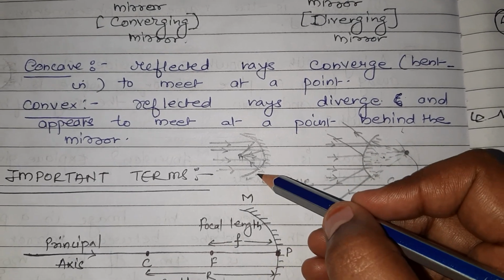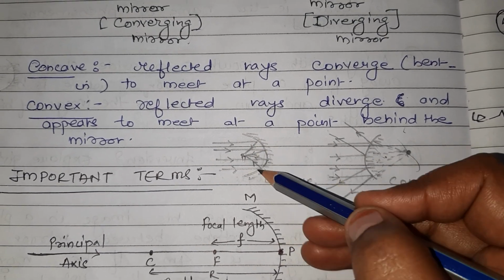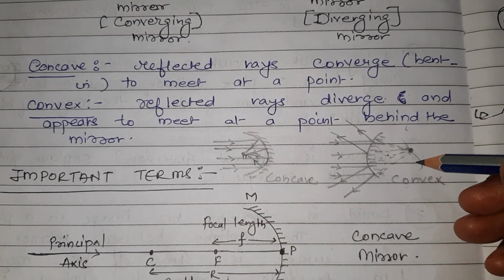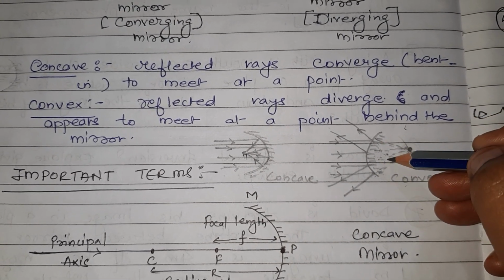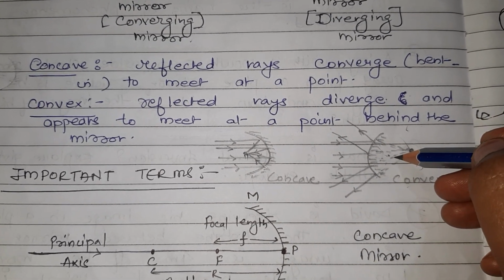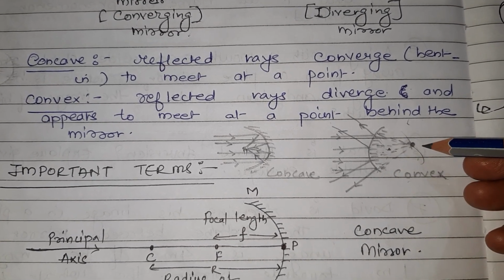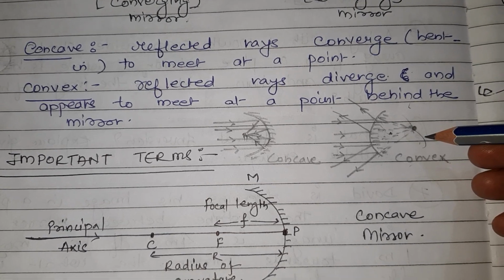When the reflected rays actually meet, we get a real image, and in the case of convex mirrors, they appear to meet, they do not actually meet, right? So the image formed by the convex mirror is always a virtual image.